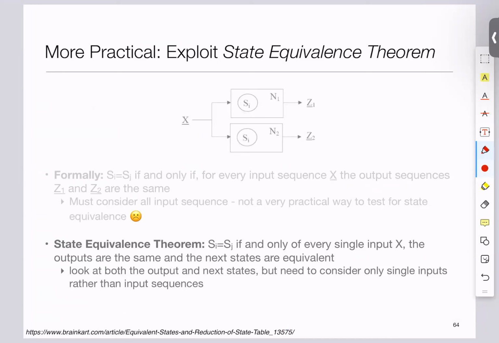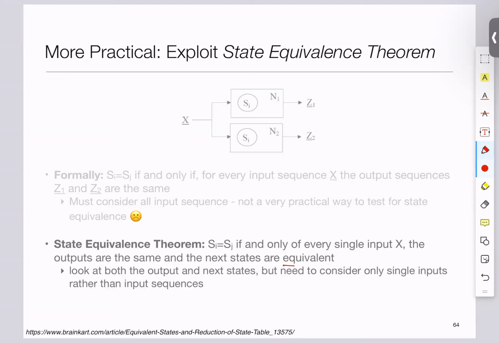There is this theorem which says Si equals Sj if and only if, and this is a recursive definition, for every single input X, the outputs are the same and the next states are equivalent. So it's saying two states are the same if for every possible input symbol, not input sequence, they produce the same output, and the next states are equivalent.